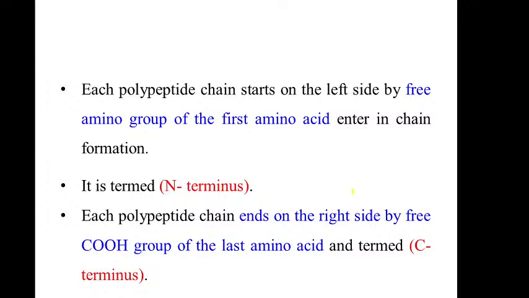Each polypeptide chain starts on the left side by the free amino group of the first amino acid entered in a chain formation, and it is termed as N-terminus.